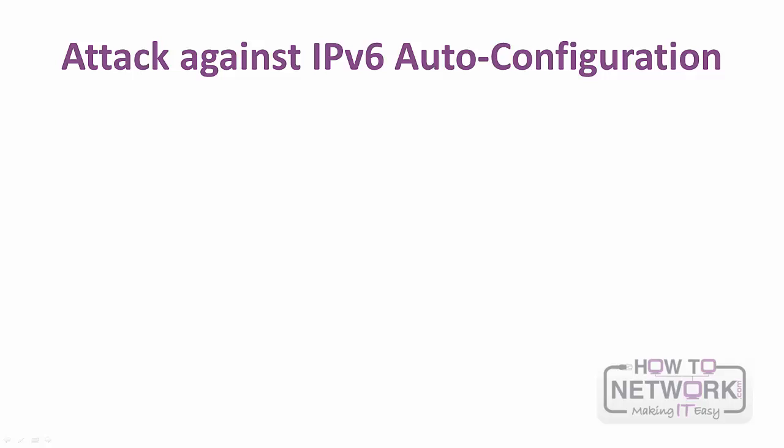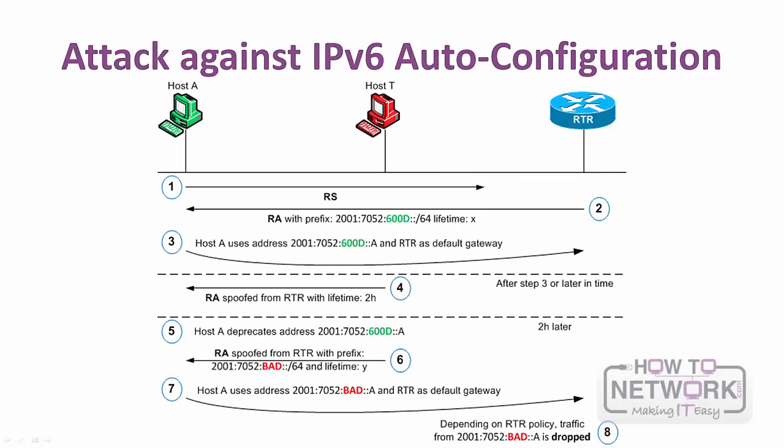Therefore, it does not require a mechanism to track the address allocations before it assigns a new address. The allocation occurs based on the IPv6 prefix information provided by ICMPv6 router advertisements. The following figure illustrates the steps involved in deploying the IPv6 address auto-configuration attack.